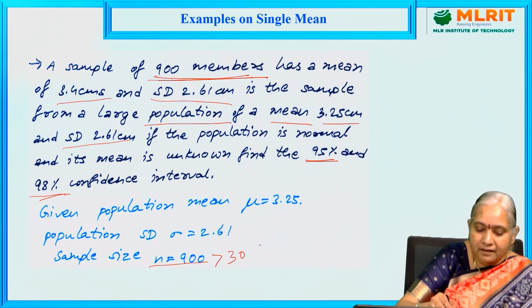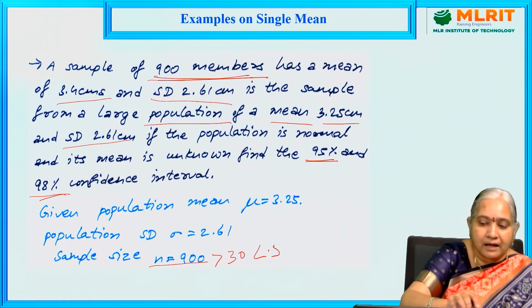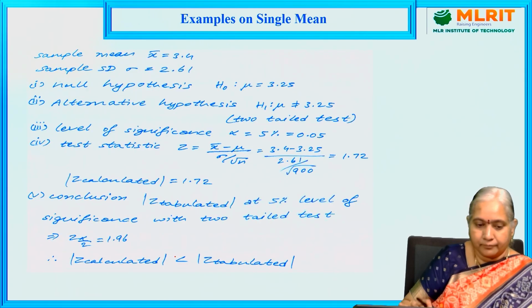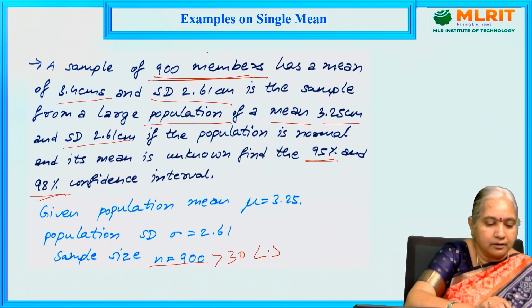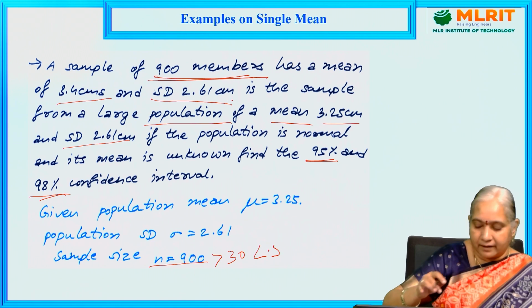So that's why this is a large sample. And also given that the sample mean is denoted by x bar and which is equal to 3.4 centimeter. And standard deviation is 2.61 centimeter.